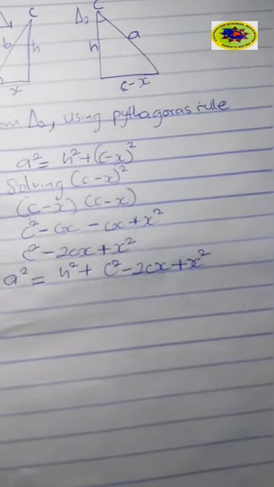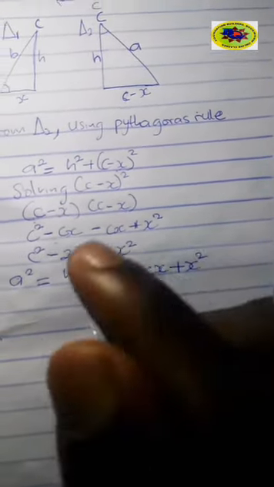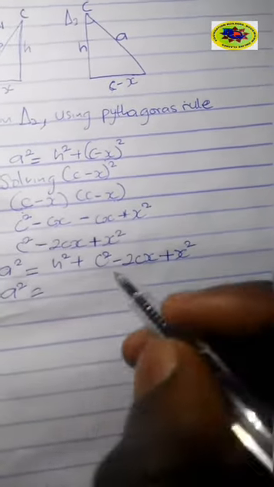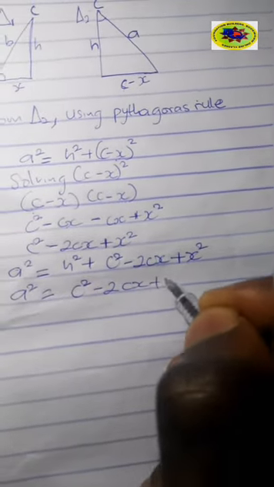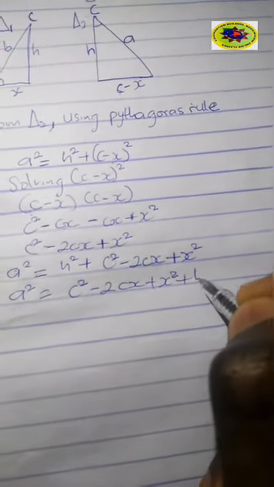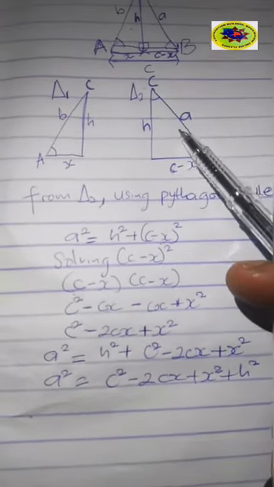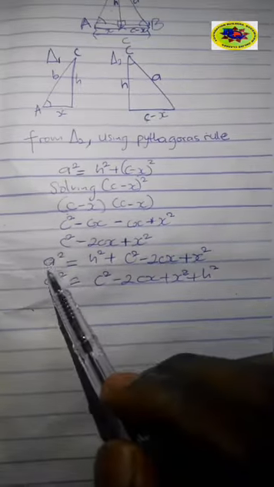Let's carry the h square to the other side. That means a square is equal to c square minus 2cx plus x square plus h square. We have used this other triangle to derive an equation like this.